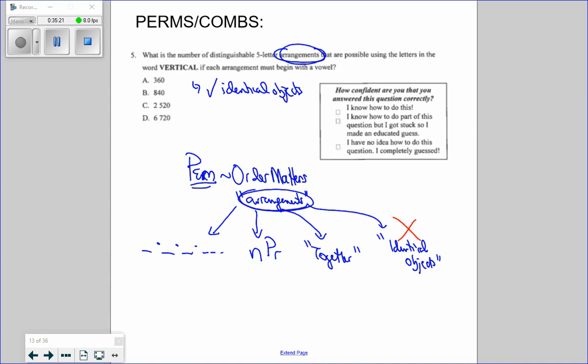Each arrangement must begin with a vowel. So 1, 2, 3, 4, 5, 6, 7, 8. It must begin with a vowel. How many vowels do you have in the word vertical? 1, 2, 3.